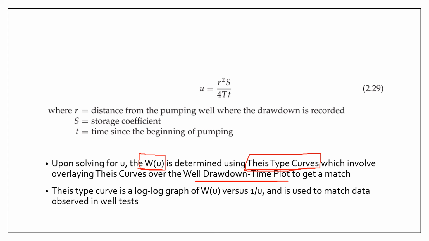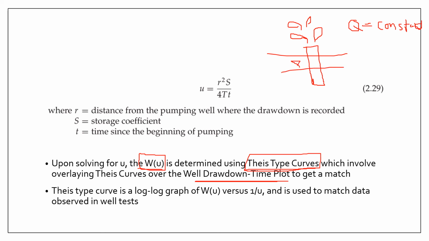So what is happening in the aquifer testing is you're basically pumping out water at a constant rate. So you're constantly pumping out water from the well. All right.